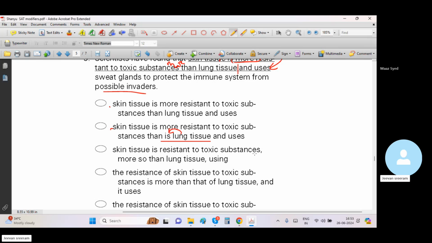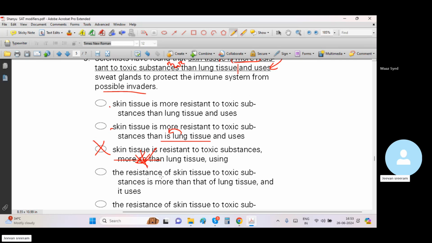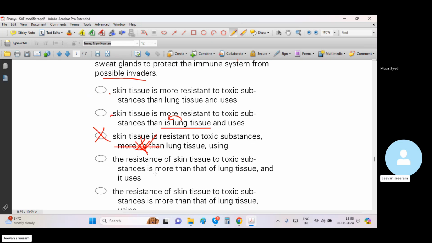Skin tissue is resistant to toxic substances more so than something is wrong. More so than. Why do we need "more so than"? Can you find any phrase like this? Have you ever used "more so than" kind of phrases? Which option have you picked? C. So there is a wrong phrase, right?